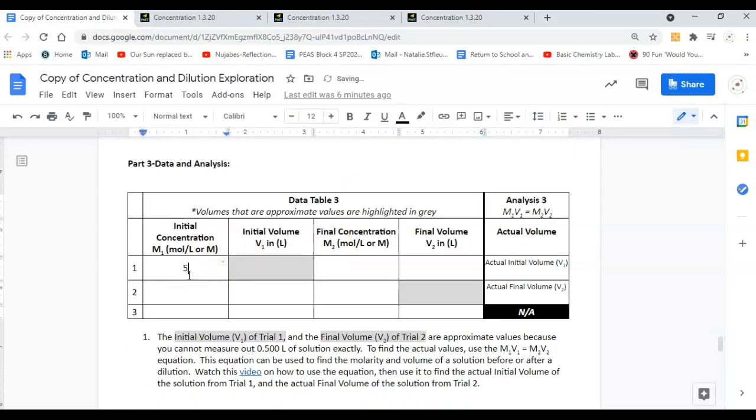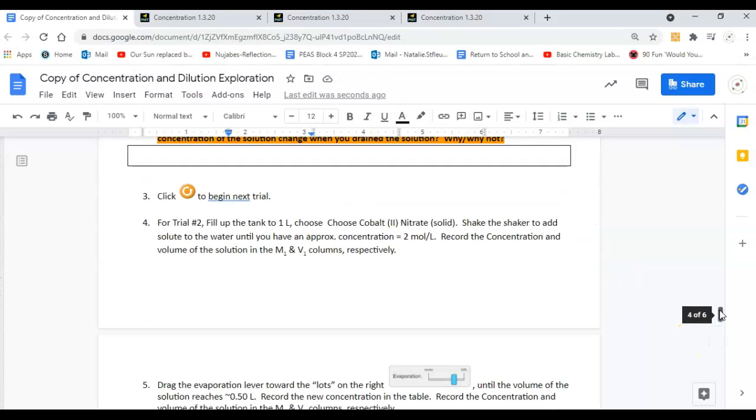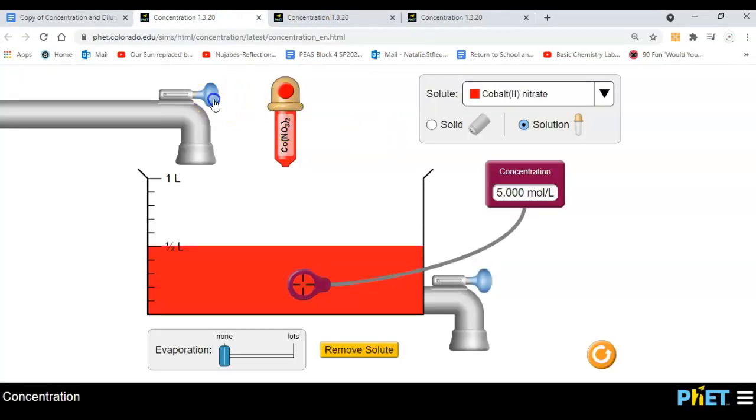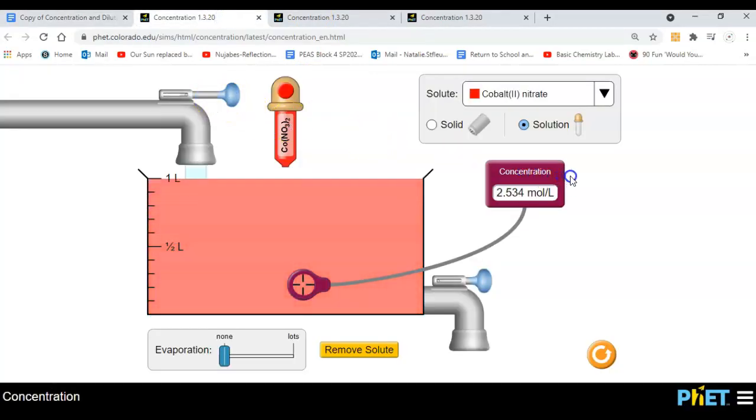So 5.00 molar, that's for the probe, and then again, approximately 0.5. I'll calculate the actual number later. Now it says to add enough water until the volume of the tank is 1 liter. So I'm just going to add water to that. I notice that my concentration changes.